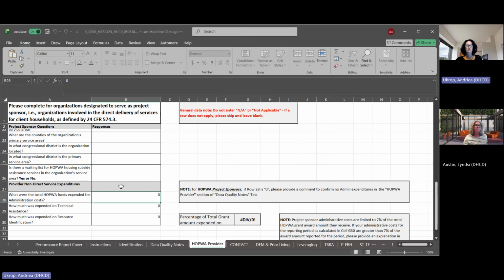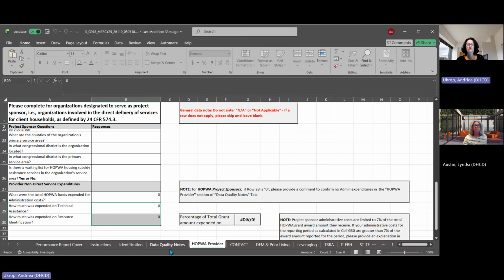I believe that is going to be populated based on responses here. For technical assistance in row 29 and resource identification in row 30, both of those cells should be 0.